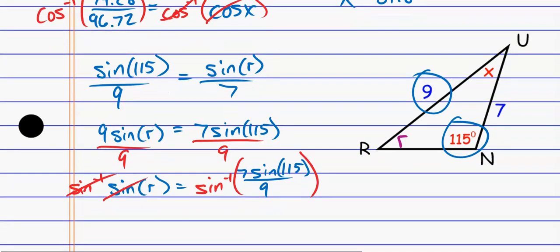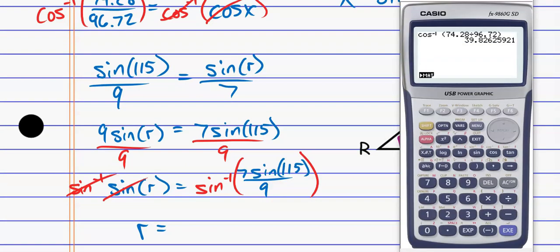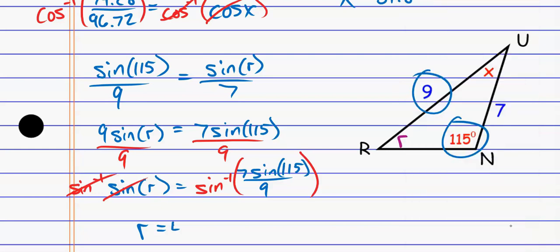But basically, once we solve for this angle, we're automatically going to have the other angle. So once again, this is a job for my calculator. Let's see, 7 sine of 115 divided by 9. And then I want to do the inverse sine of that answer. So I get 44.8 degrees.